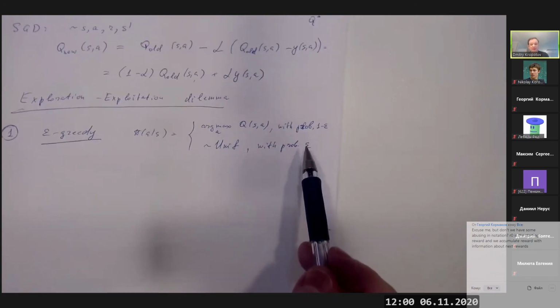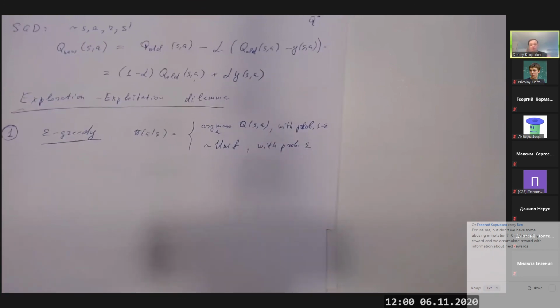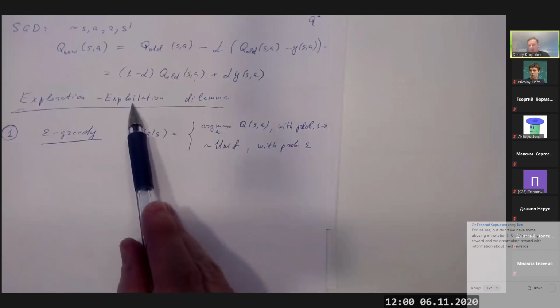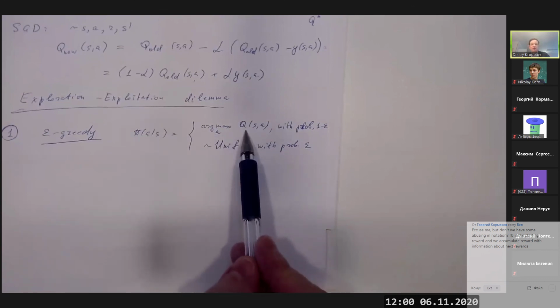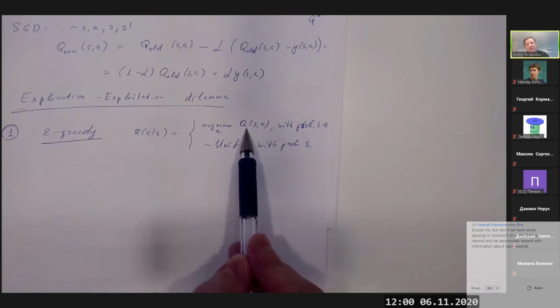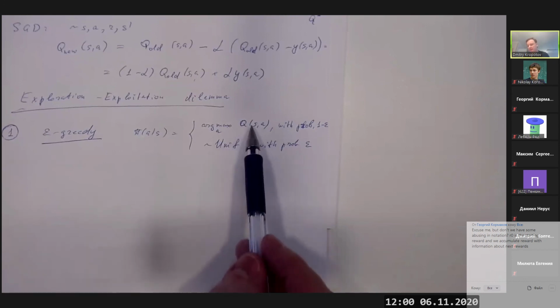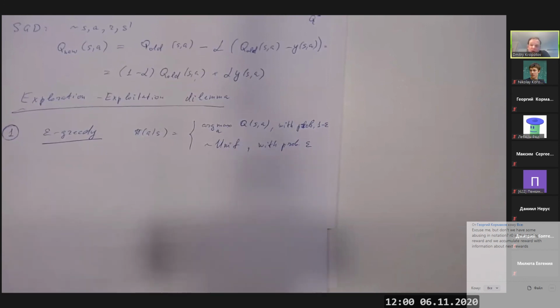So having this epsilon, you either exploit by taking an action according to the current estimate of the Q function, or you choose some arbitrary random action regardless of the particular Q function.